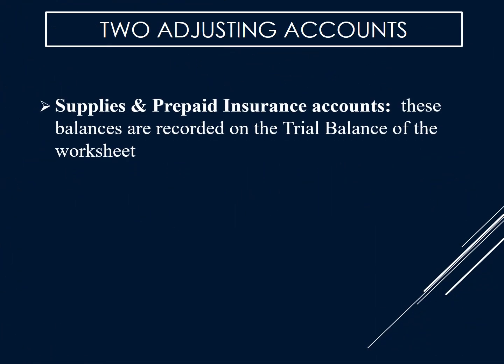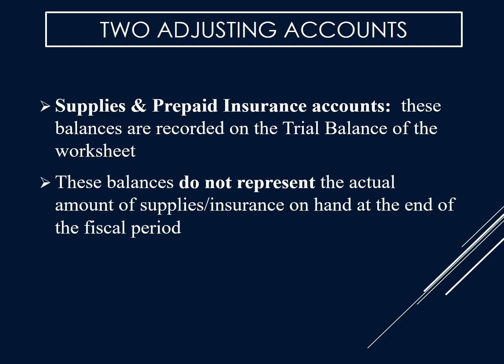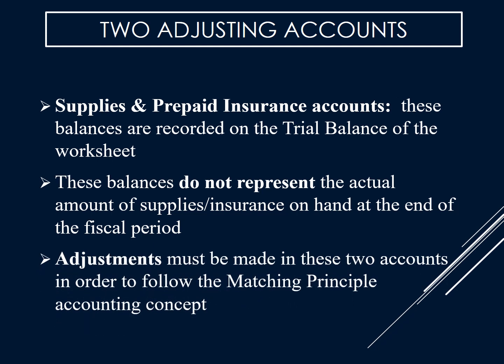The supplies account and the prepaid insurance account should have balances that are recorded on the trial balance of the worksheet in the asset section. These two balances do not represent the actual amount of supplies and insurance on hand at the end of the fiscal period.